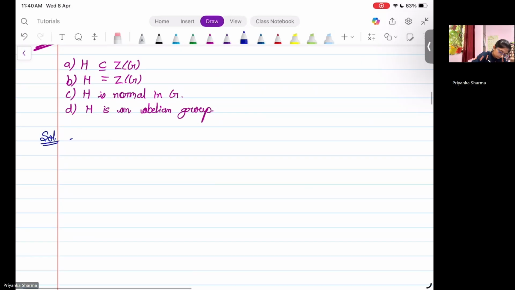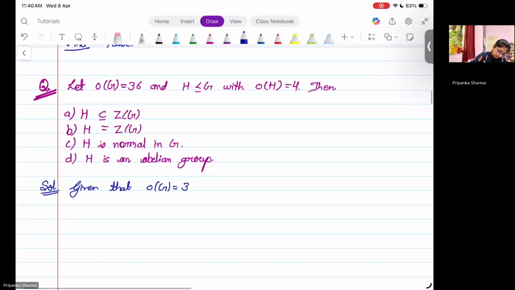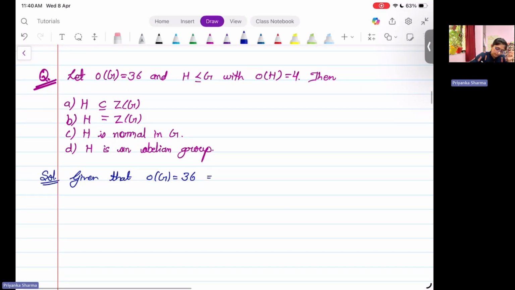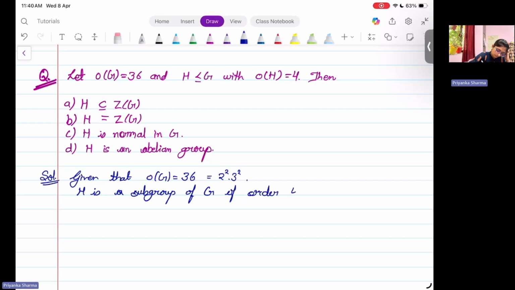Given that the order of G is 36, that is 2 squared times 3 squared, and H is a subgroup of G of order 4.